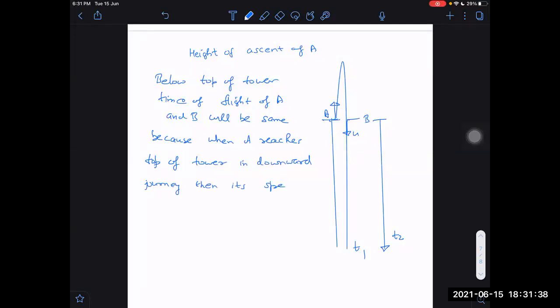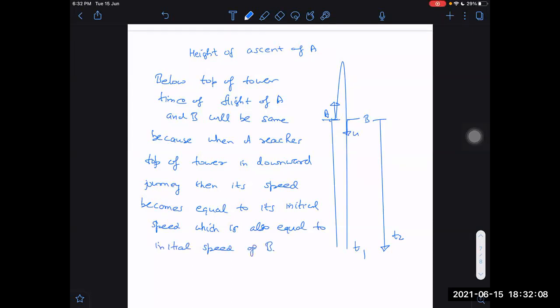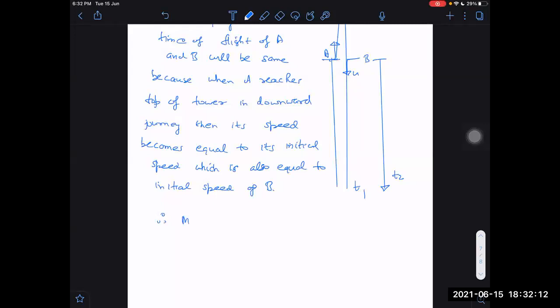its speed becomes equal to its initial speed, which is also equal to the initial speed of B. Therefore, the motions of A and B are identical below the top of the tower.